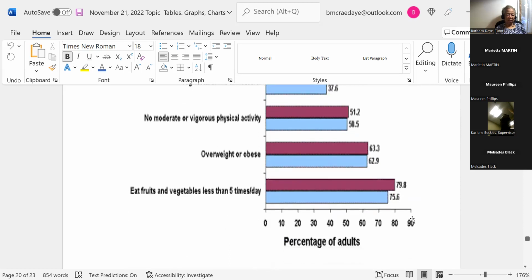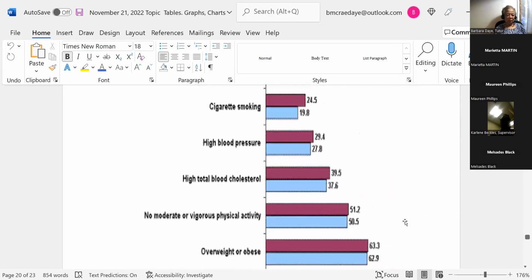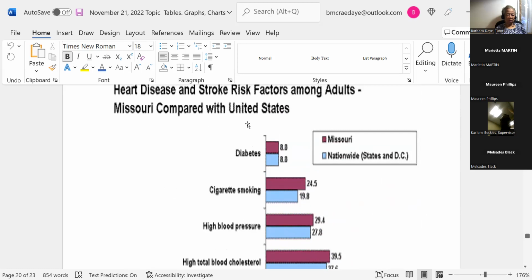On the horizontal is percentage of adults, and on the vertical are the risk factors. The red represents Missouri, the blue represents nationwide.